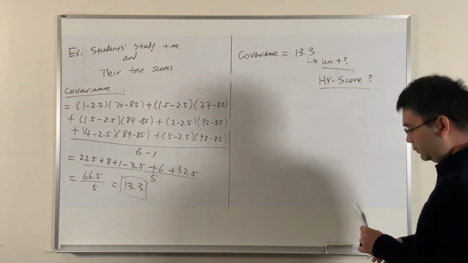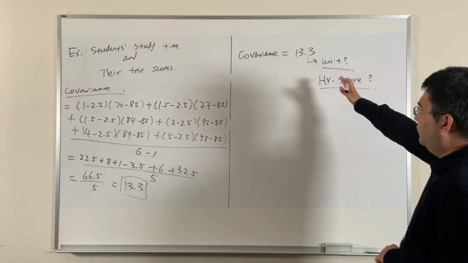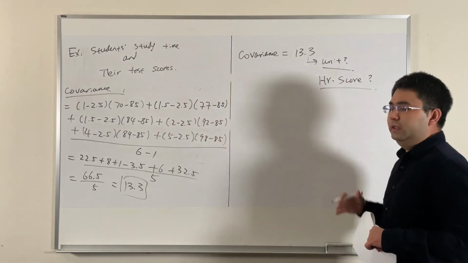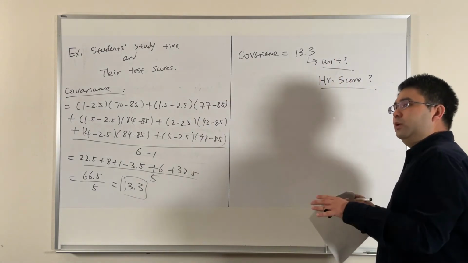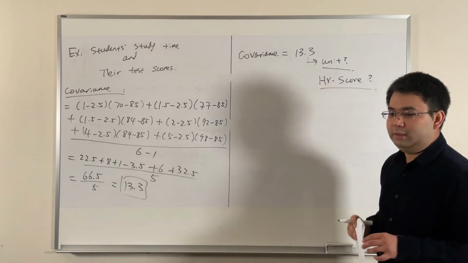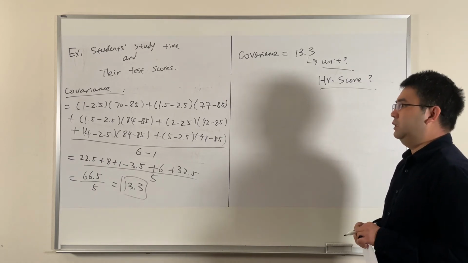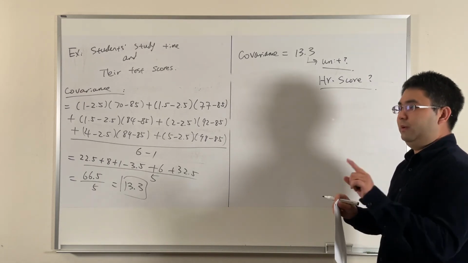Okay. And then 13.3, this covariance. If we are doing another example, say husband's age and wife's age, then the unit we get will be age multiplied by age.